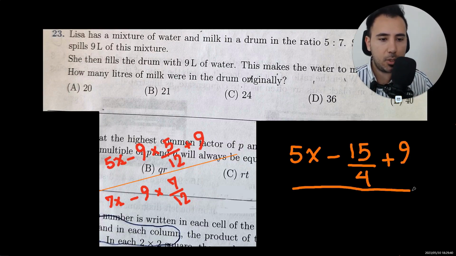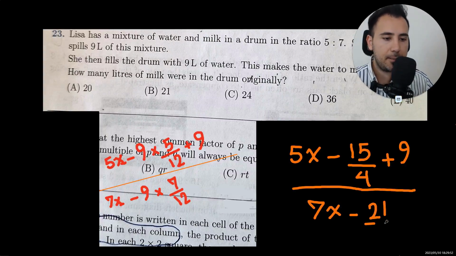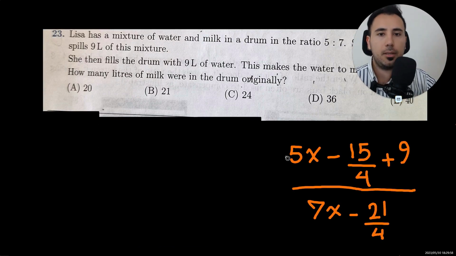All of this over 7x minus, okay, let's simplify this, 21 over 4. Okay, let me clean this.